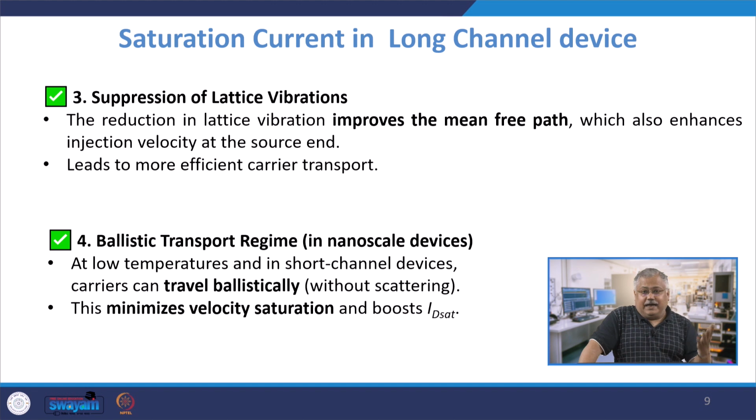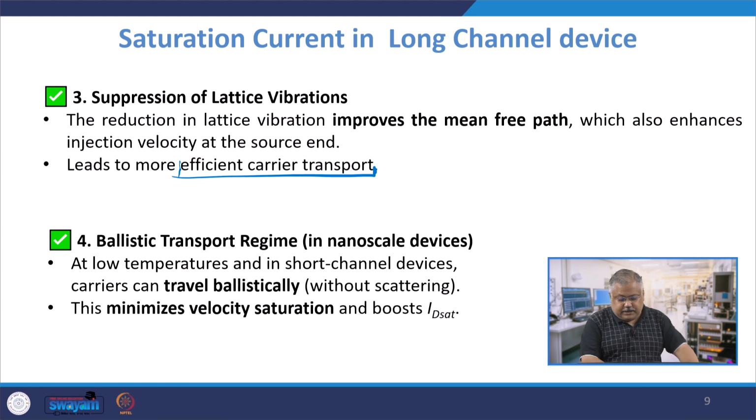Whereas, if you reduce the temperature drastically, since the lattice vibrations have reduced, the probability of scattering is reduced, and therefore the mean free path is much longer, which means that the velocity of the charge carriers is higher, and which therefore means that there is an efficient carrier transport. So, in the last statement here, there is an efficient carrier transport. Why? Because you are allowing the carriers to move faster in this case.